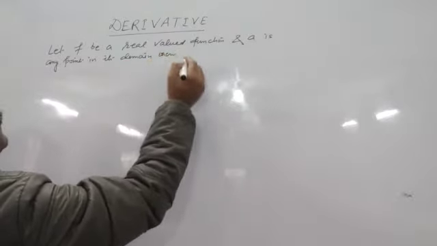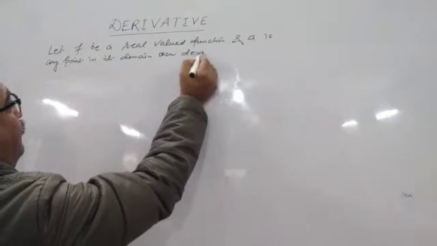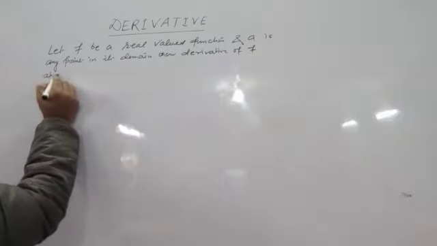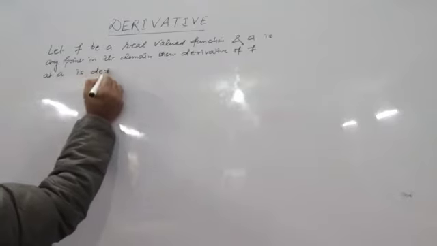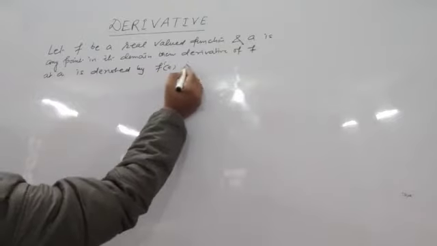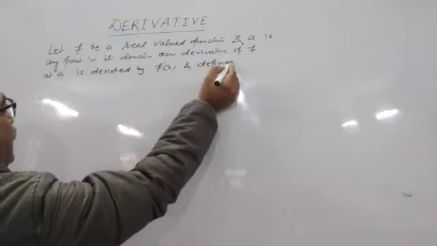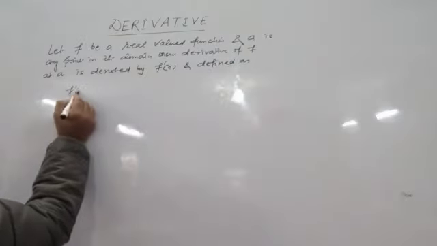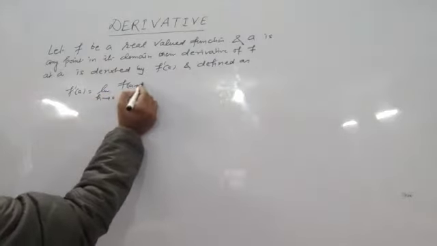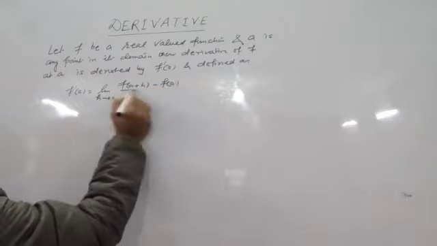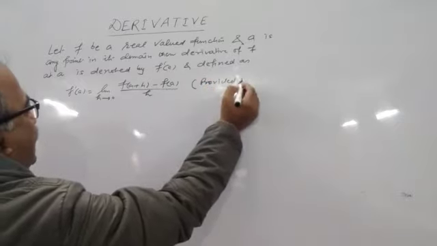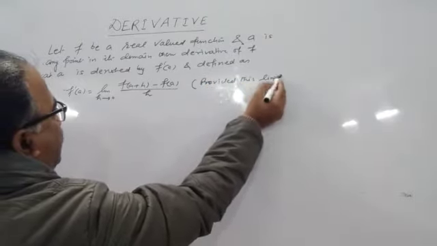Then the derivative of f at a is denoted by f dash a and defined as f dash a equal to limit h approaching 0 of f(a plus h) minus f(a) upon h, provided this limit exists.